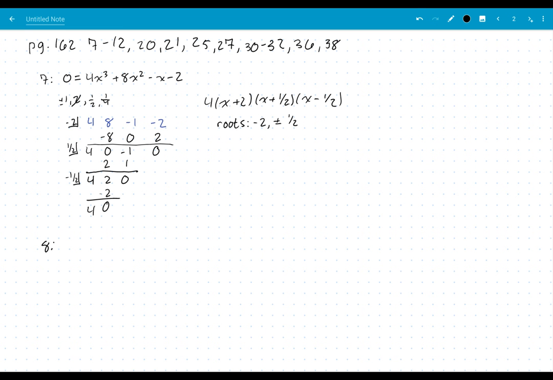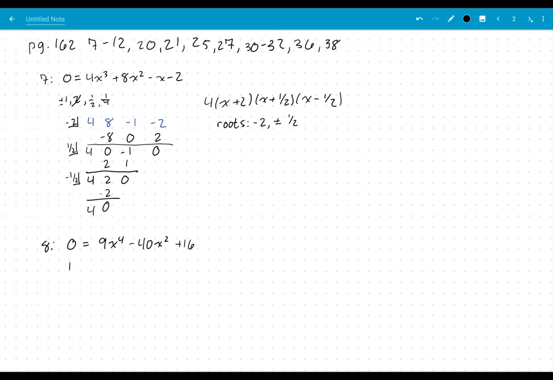We have the equation 0 is equal to 9x to the 4th minus 40x squared plus 16. Okay, so let's start off by listing all of our possible rational roots. We have all of the factors of 16 divided by all of the factors of 9.